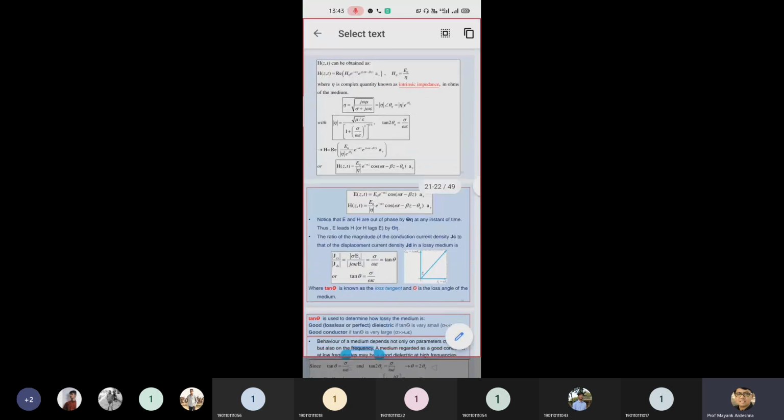For the good conductor, you have to derive only this one, the intrinsic impedance in terms of the electrical properties, like j omega mu divided by sigma plus j omega epsilon. And you should know the intrinsic impedance is nothing but the ratio of E0 upon H0, where E0 is the magnitude of the electric field and H0 is the magnitude of the magnetic field. Okay. No need to derive this for the lossless and perfect dielectric.